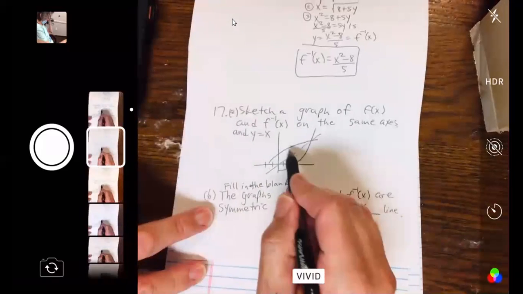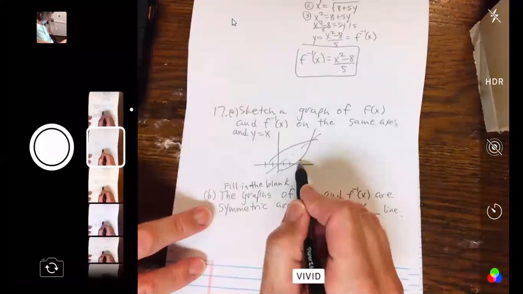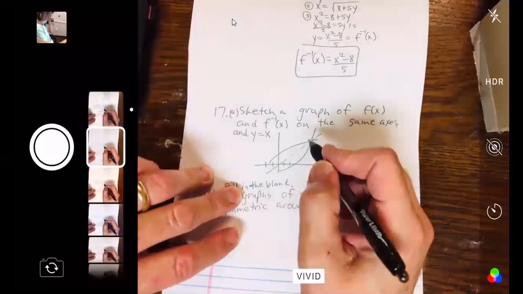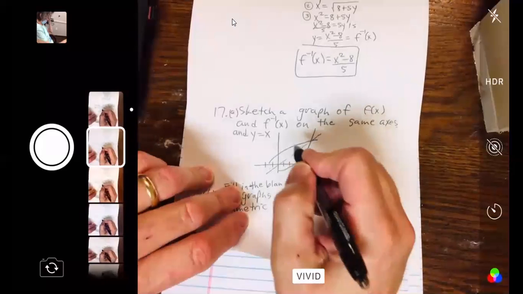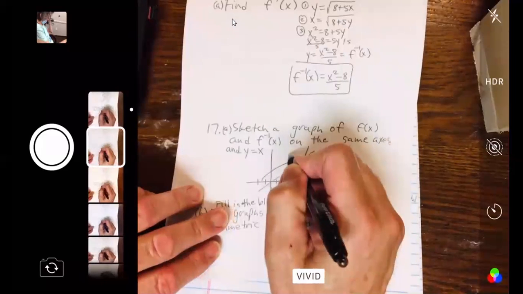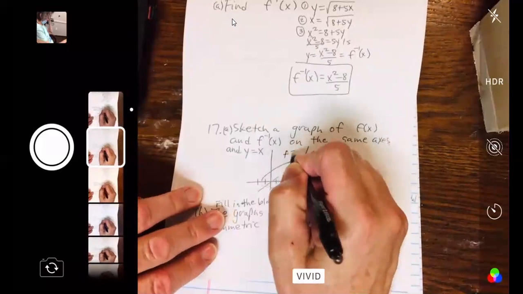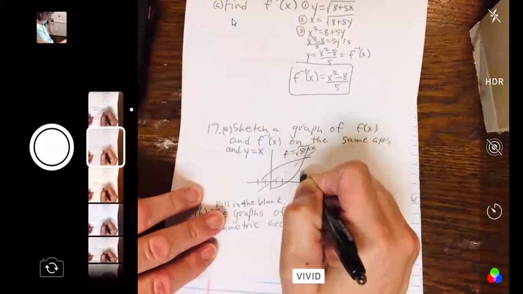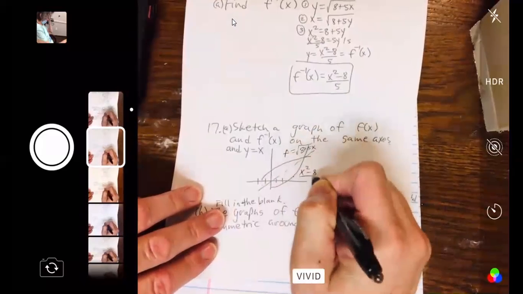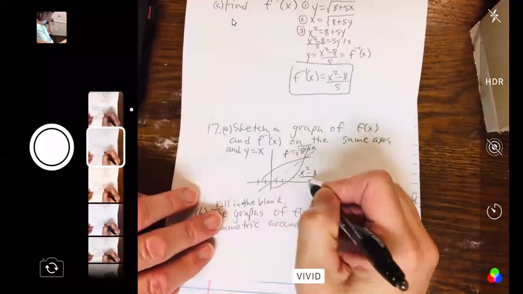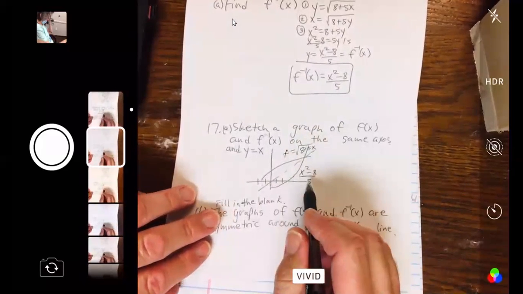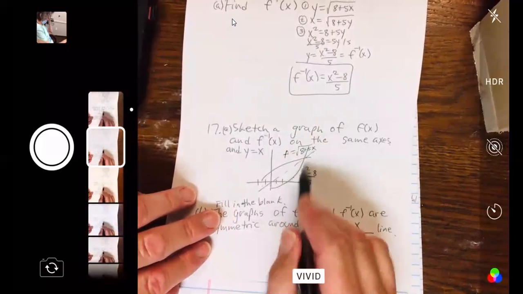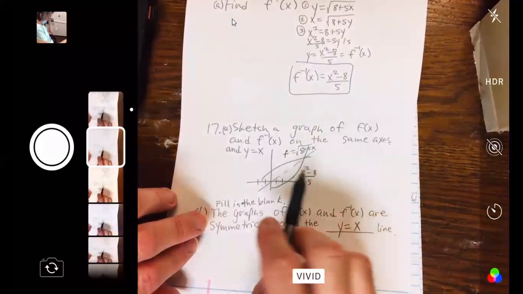These two lines? Yes. I think you'll find this one's the original f, which is square root of 8 plus 5x. And this one is x squared minus 8 divided by 5. So I literally entered them on the calculator and drew this graph. Do you want to see it done?